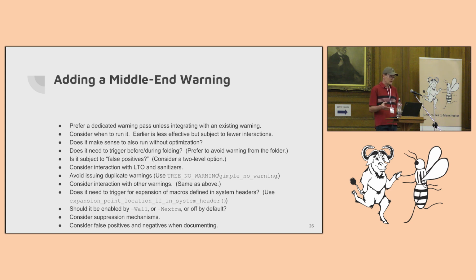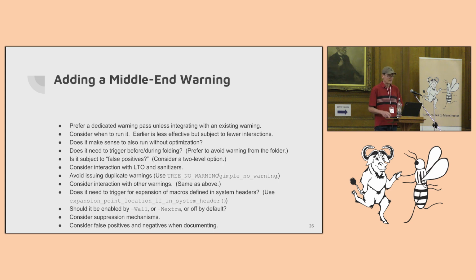When introducing a new pass, and of course I should qualify that if you're enhancing an existing warning, then it makes sense to put it where the existing warning is rather than introducing a new pass, unless you'd like to move the code. When introducing an entire warning pass, one of the first questions to ask is when do you want to run it? At which stage in the passes.def file should you introduce that warning?